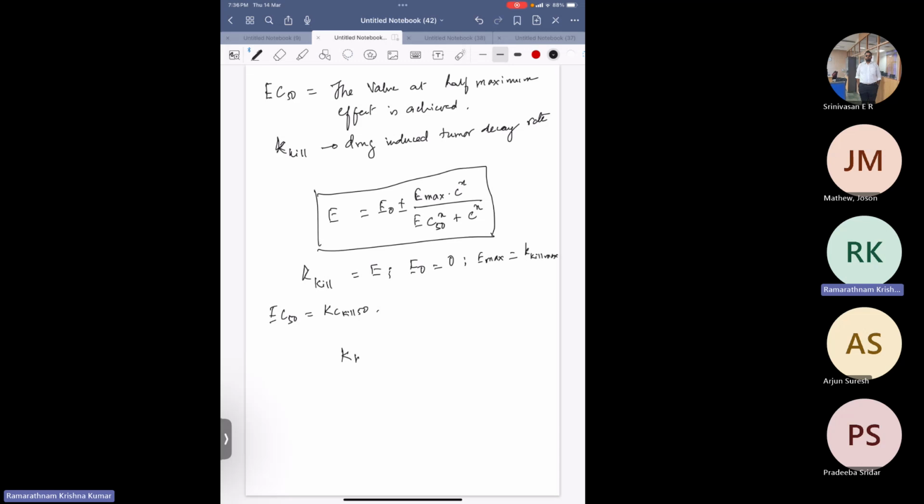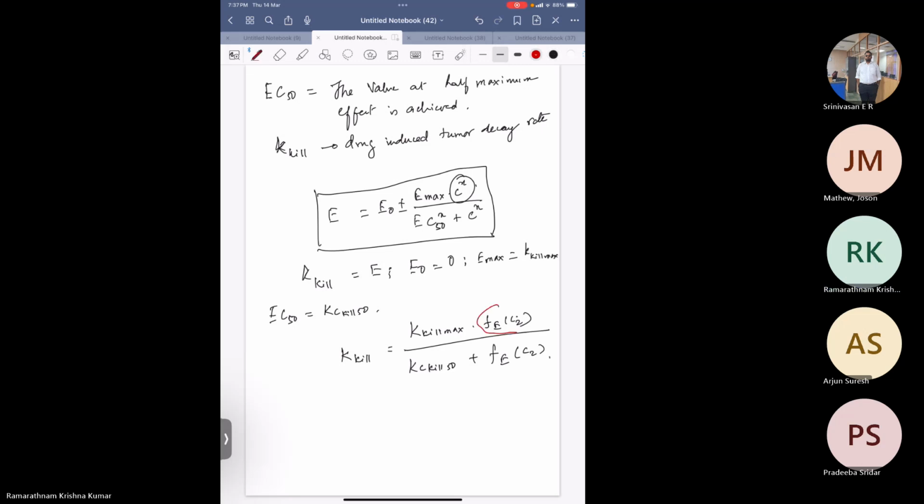So K kill is equal to K kill max times some function of C2 divided by K kill 50 plus some function of C2. In this case, I have put C power X, some function of C2. It can be C power X or something else. It can be a constant multiplied by C and so on. Usually there are various models.